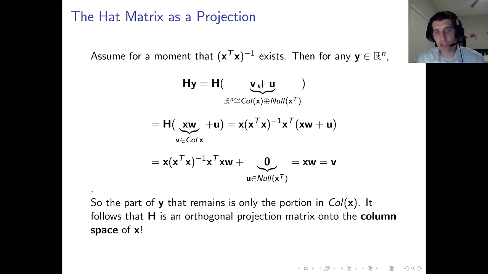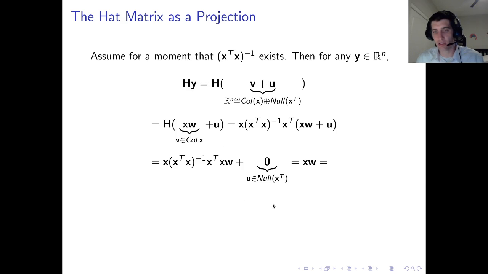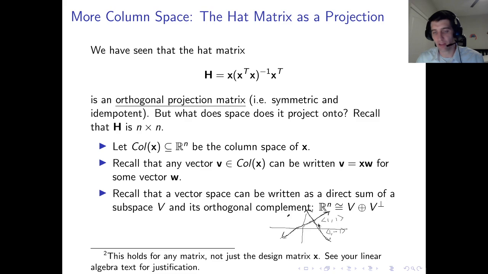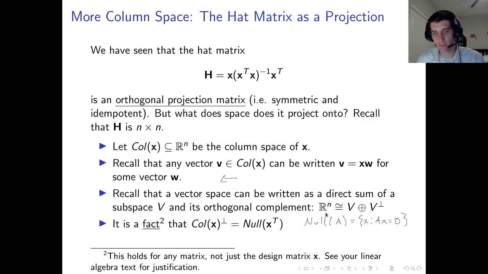And when we apply H, it annihilates that U component, and we're left with the part that's in the column space of X. So when we apply the hat matrix, we only keep the part of Y that's in the column space of X. In the context of this picture here, we're decomposing into two different spaces, the column space of X and the null space of X transpose, and we're just keeping the part that's in the column space of X.